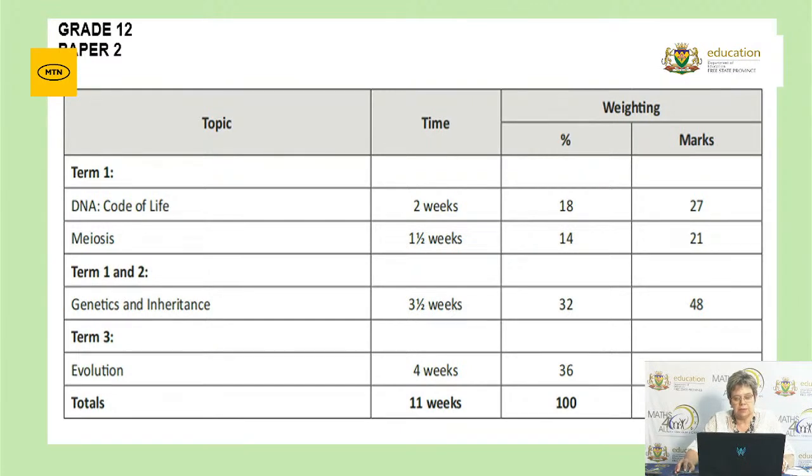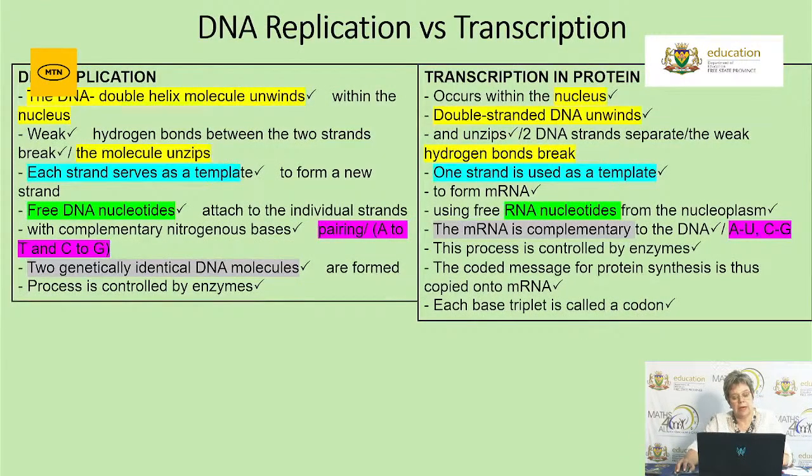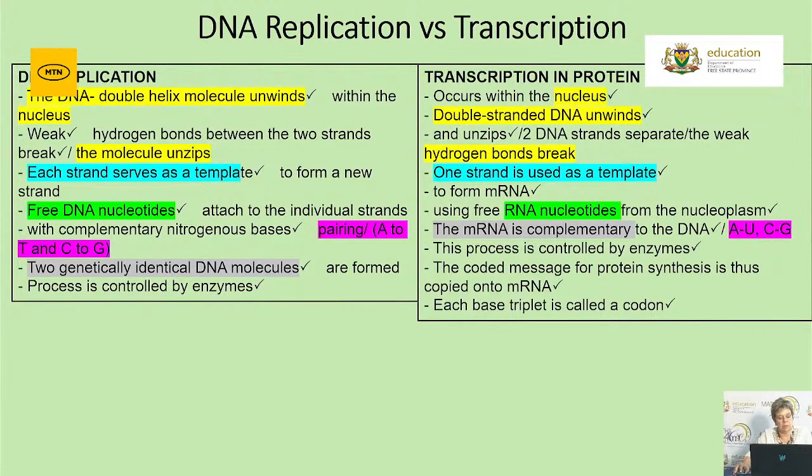The first thing that is very important when we look at the code of life is DNA replication versus transcription. Sometimes the answer in the exam is straightforward, but the way we answer it is a problem when we start marking. So I highlighted: the DNA double helix molecule unwinds.